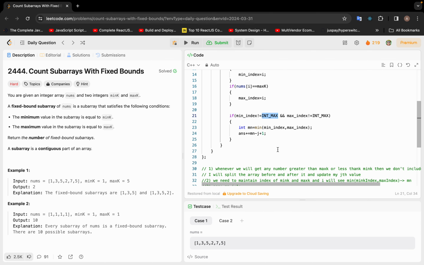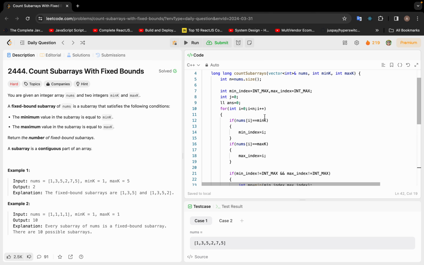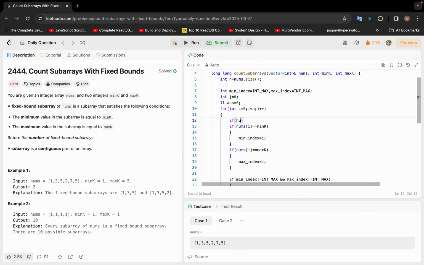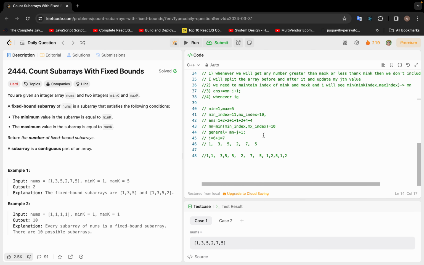But here is one case: if any element is greater than max k or less than min k, in that case what will I do? I need to split that array. Suppose this is 7. After that I need to update my jth, because jth can't be 0.